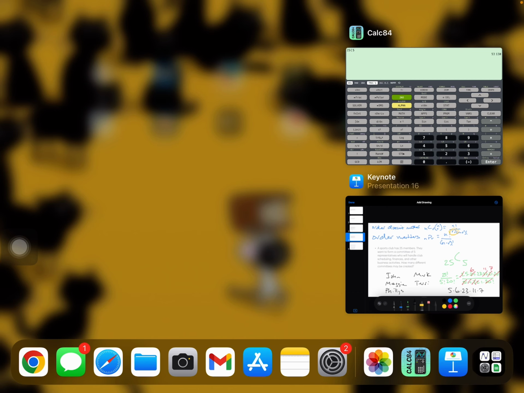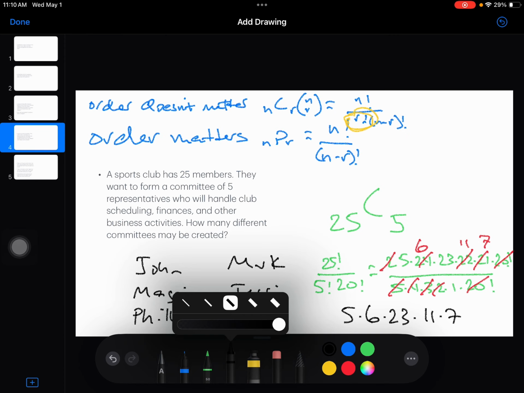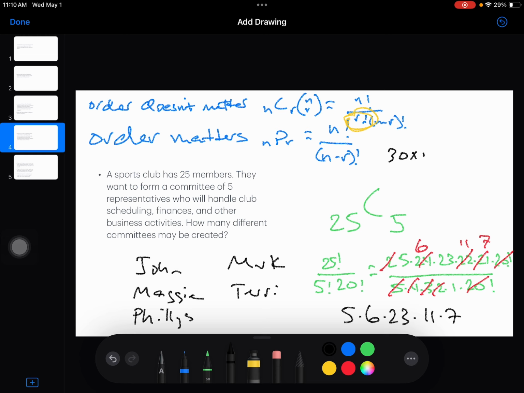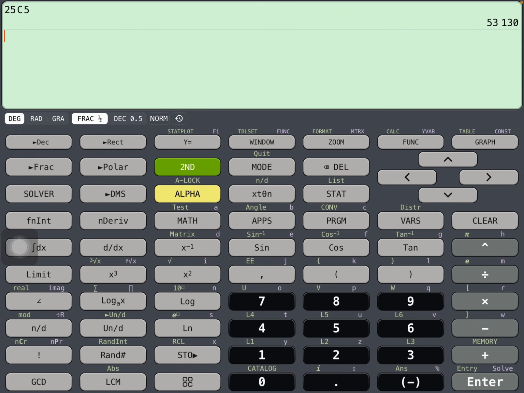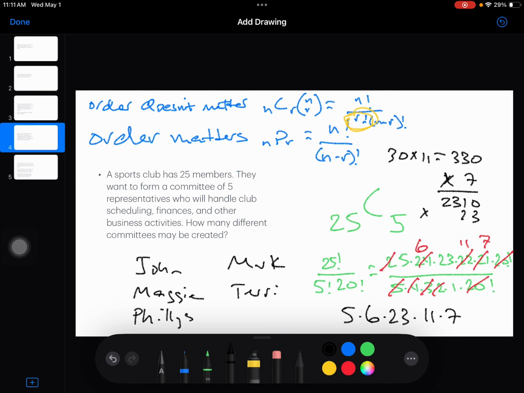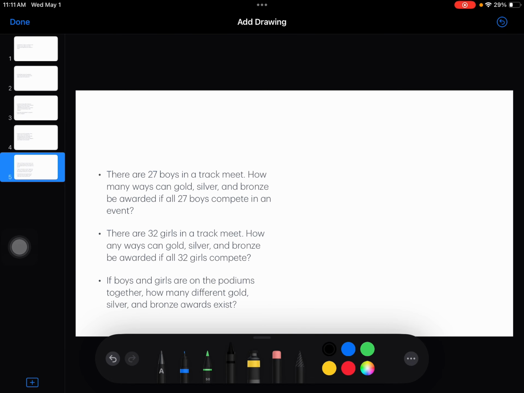And let's just do 5 times 6 is 30. 30 times 11 is 330. 330 times 7 is 2310. And then we've got to multiply that by 23, and that's where it really gets messy. So 5 times 6 times 23 times 11 times 7 gives 53,130, so same outcome.